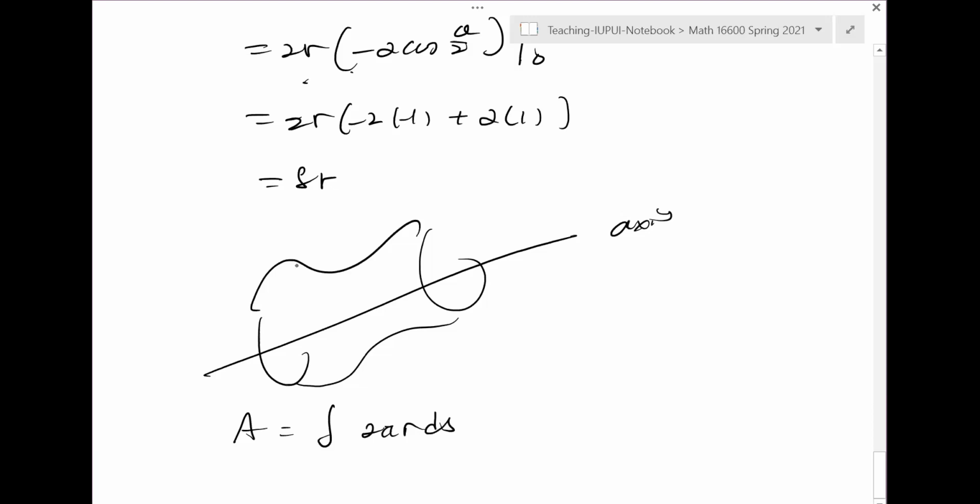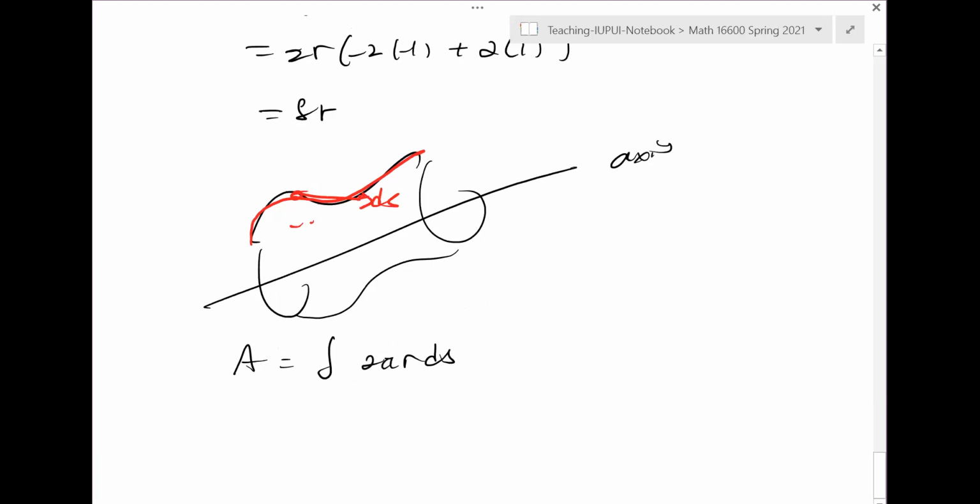What is ds? If this is the original curve, this will be the ds. And what is r? R. Now here's the point.